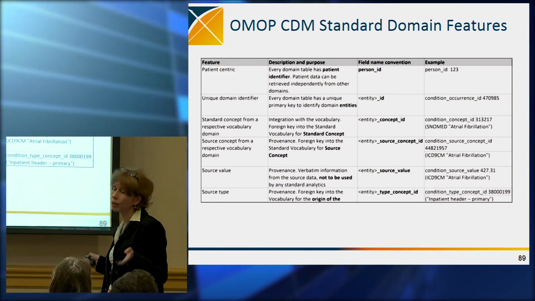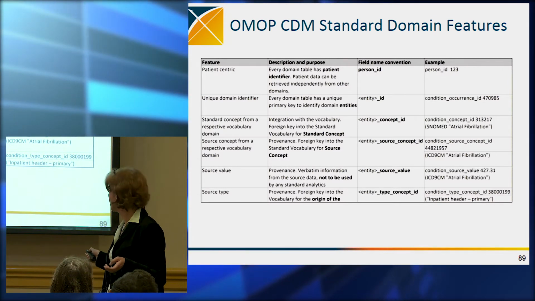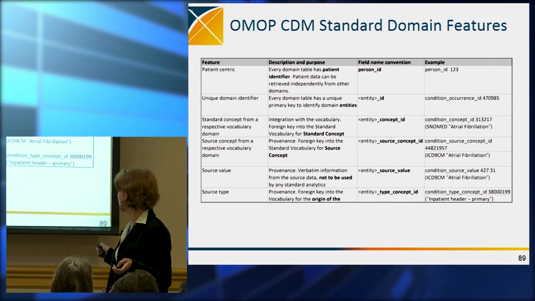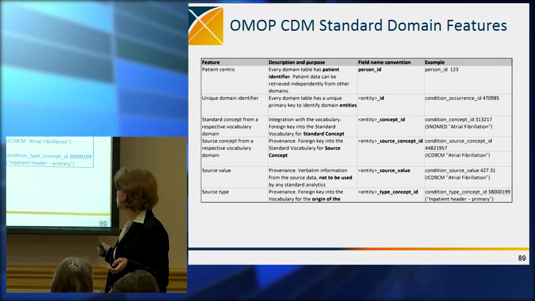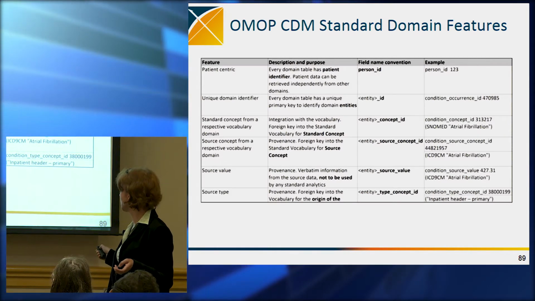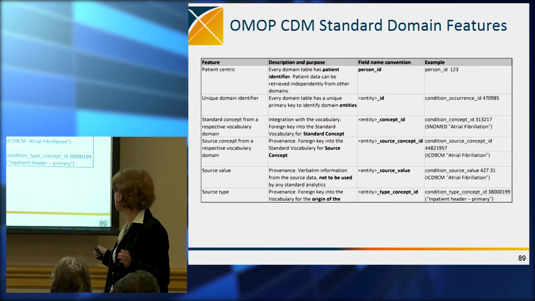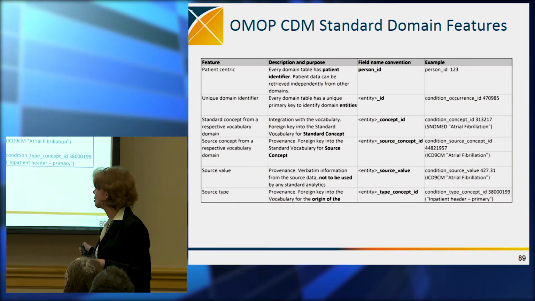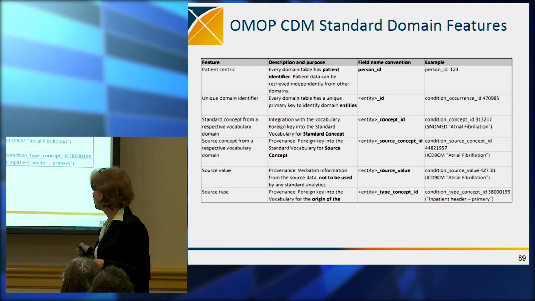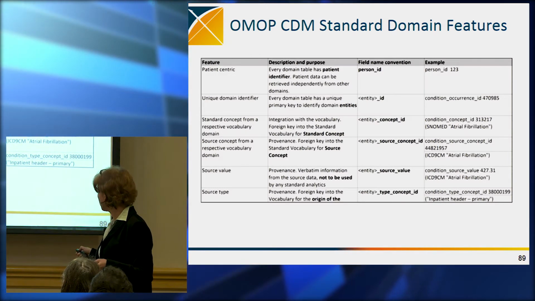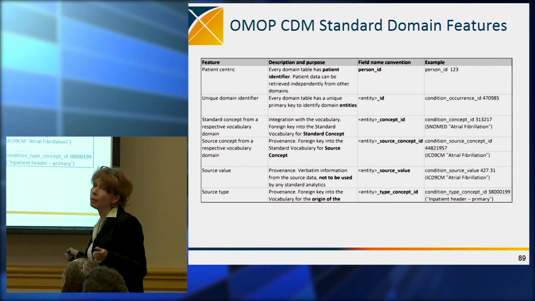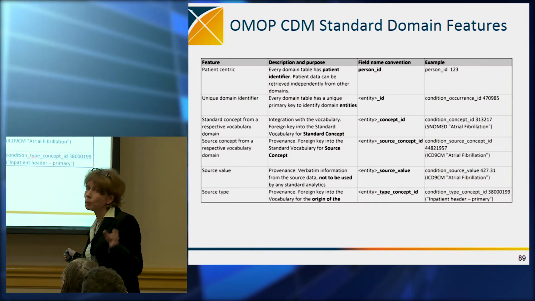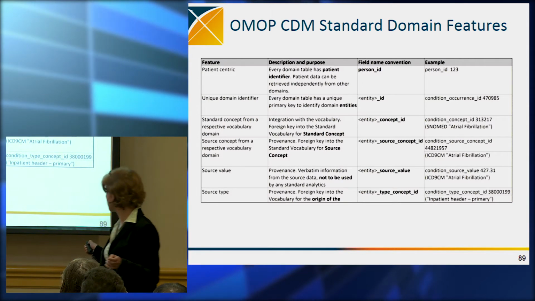For example, for ICD-9 or ICD-10 codes, if it's coded in the source system as ICD-9, we will choose the condition source concept ID 4482197, which represents atrial fibrillation in ICD-9-CM. There is also source value. That's the exact way the piece of information is coded in the source system.